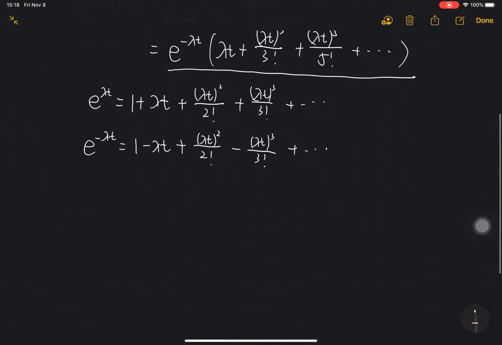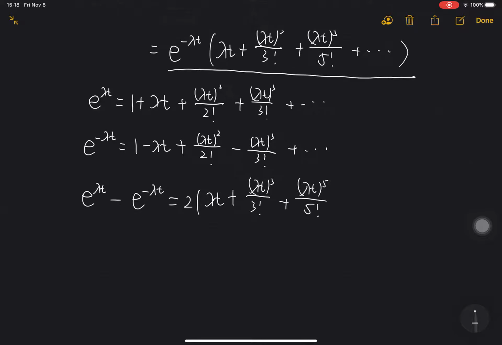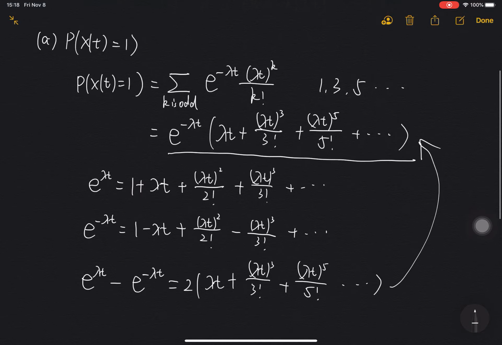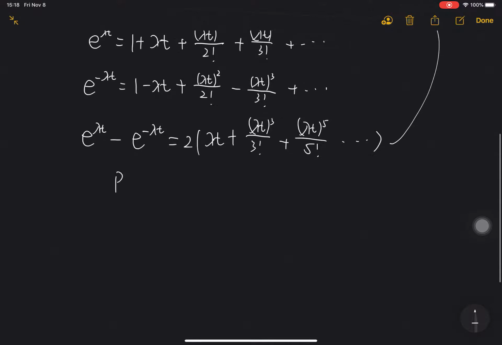So if we use e to the lambda t minus e to the minus lambda t, we can get 2 times the odd part, all the parts related to the odd k. So this is what we need for this function.